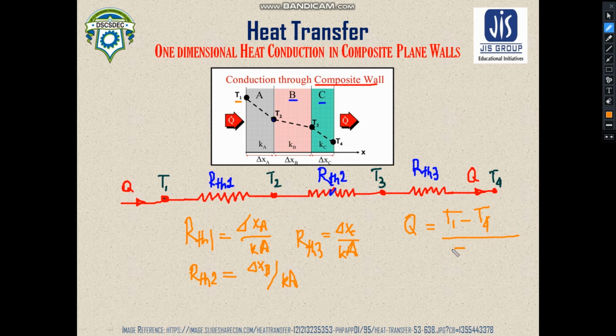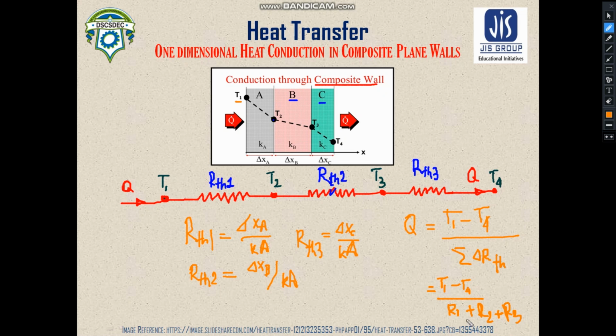So we can write sum of thermal resistances. This represents the sum of all the thermal resistances which have been observed by this heat while transferring through these different walls. So it will be T1 minus T4 divided by R1 plus R2 plus R3.